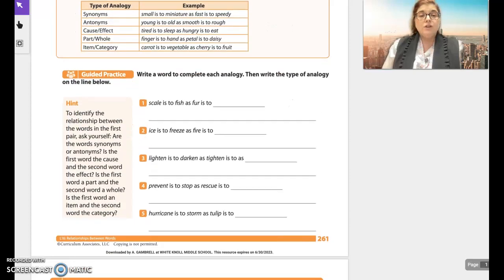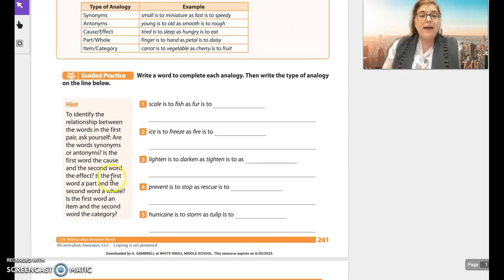All right. So now let's take a look at the practice here. Write a word to complete each analogy and then write the type of analogy on the line below. Now, hint, to identify the relationship between the words in the first pair, ask yourself, are the words synonyms or antonyms?